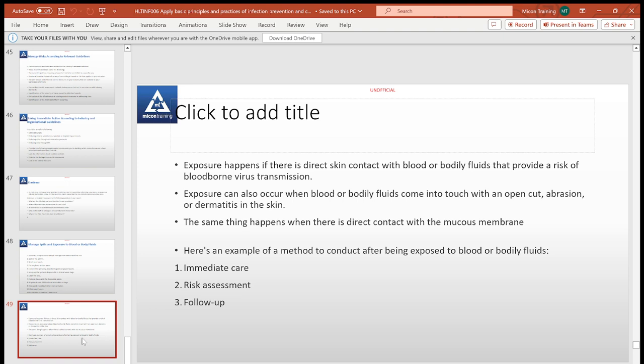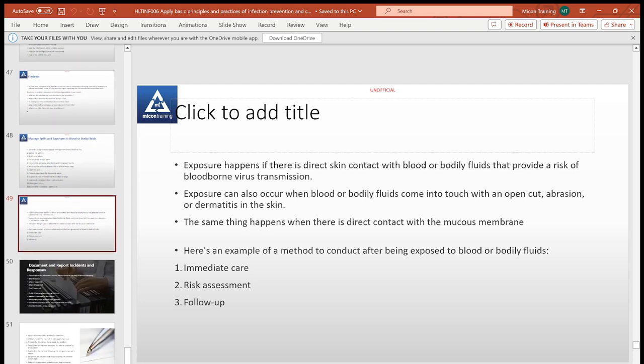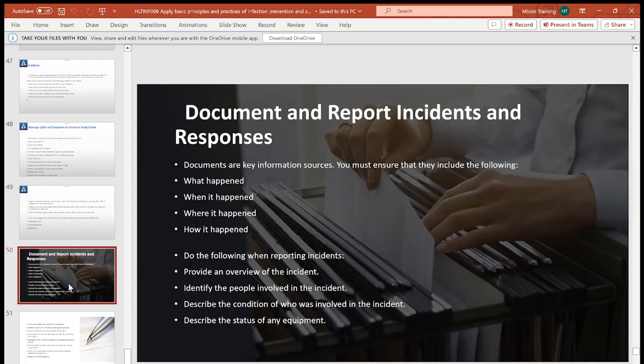So while we are doing this, always do your risk assessment and use the appropriate PPE. Follow up any risk that is identified and record them in line with the organization's policies and procedure.